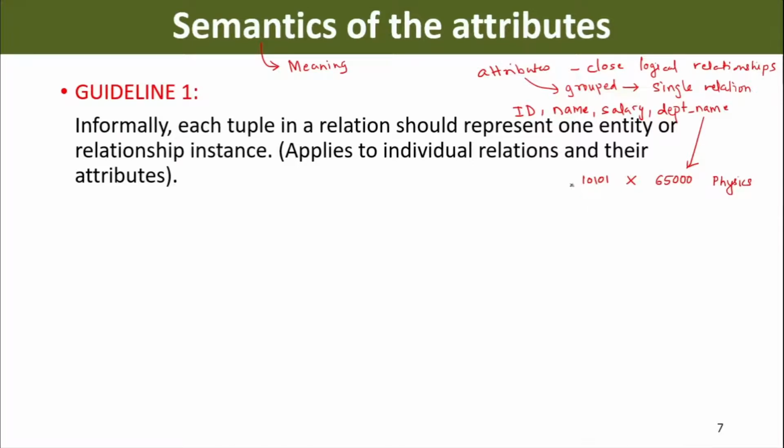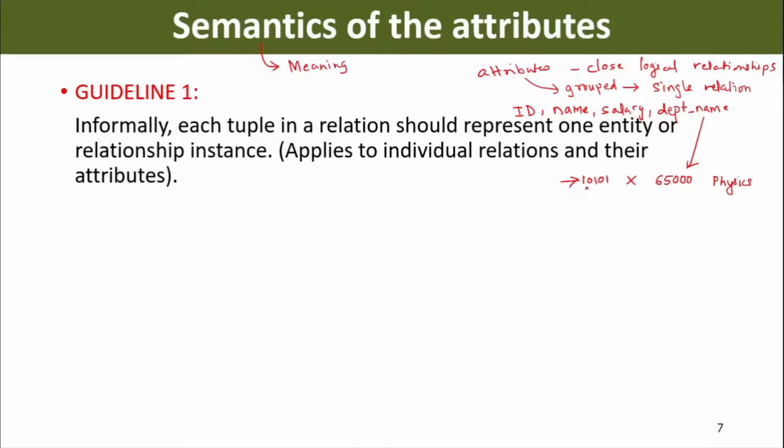This is one individual tuple that we store in this relation. These attribute values describe one entity, one instructor. So each tuple in a relation should represent one entity or one relationship instance.